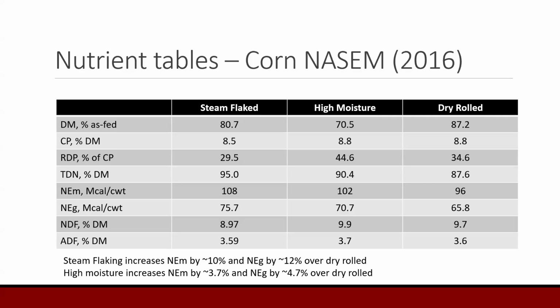Why might that be? So steam flaking is decreasing ruminal availability of protein in corn. Why could that be? What happens when I add heat to bread?